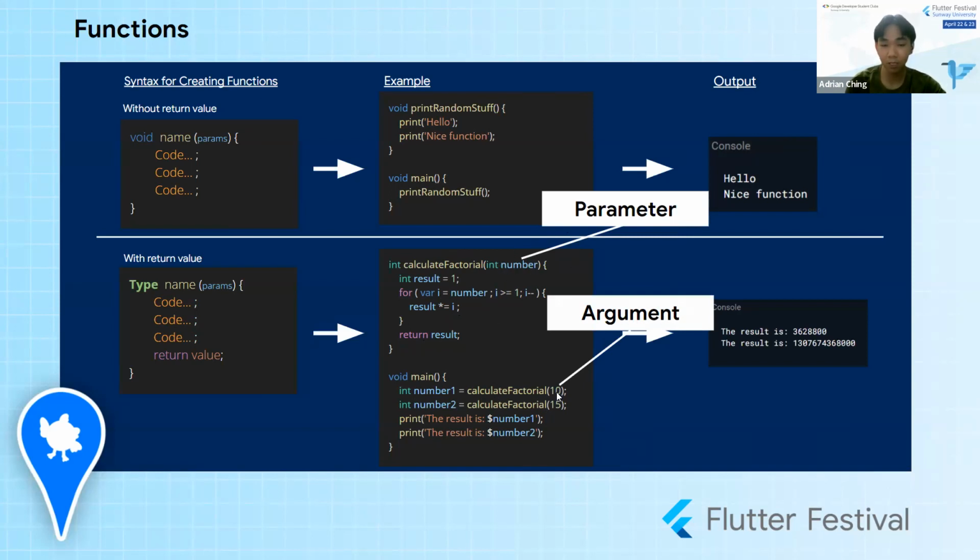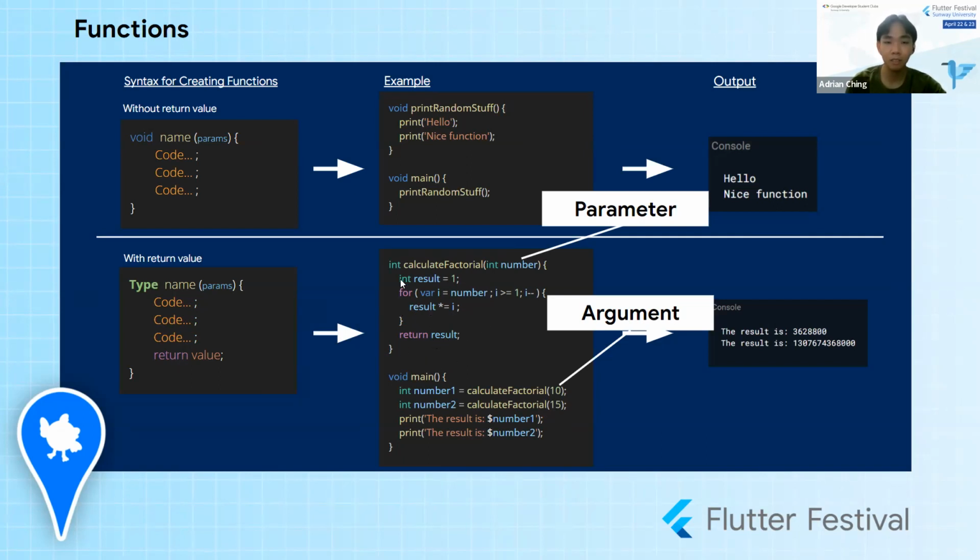So in this case, the argument is 10, right? So the parameter here, the number variable, will be 10, and this will loop for 10 times and return the result. And in this second example, it's 15, so it will loop for 15 times and return the result. So the return result over here is you're returning the value of the result.